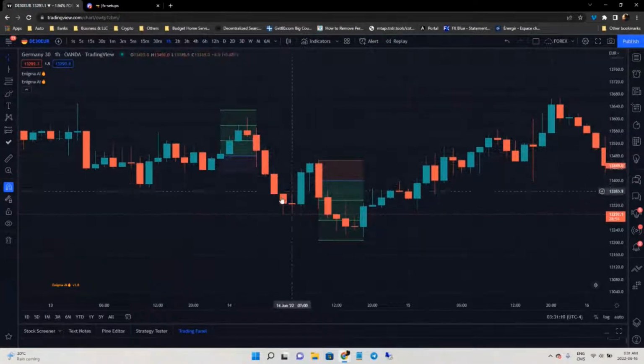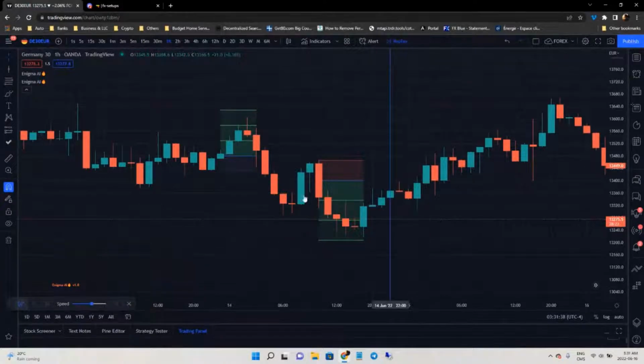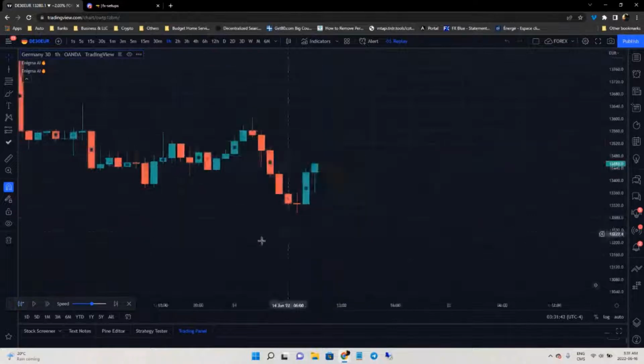When I saw that and then this down push, that was another indication that we're going down. This is an actual candlestick pattern, an engulfing candle after a last push up. This is a good indication that we're going to the downside. Afterward, we had an Enigma setup that was sent out, and we're just going to do a replay here so you can see.